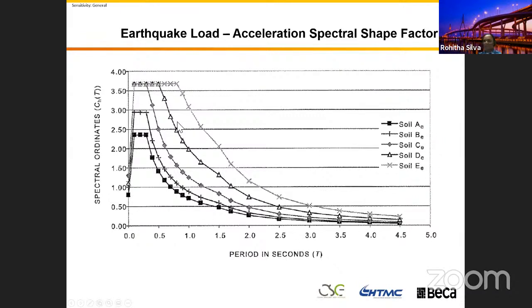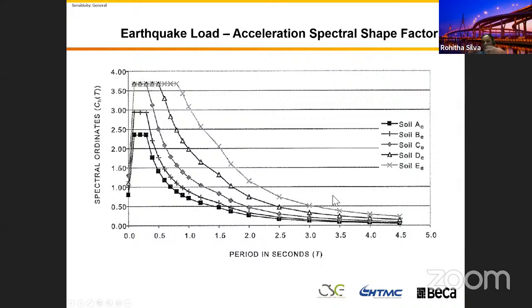If it is soft soil, it goes to the top, and the extent of the peak period is also a little bit longer. Anyway, in all these soil conditions, this earthquake load is going to die out. So now we're going to apply this to design our structure.